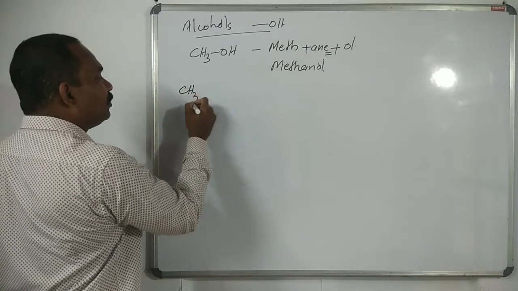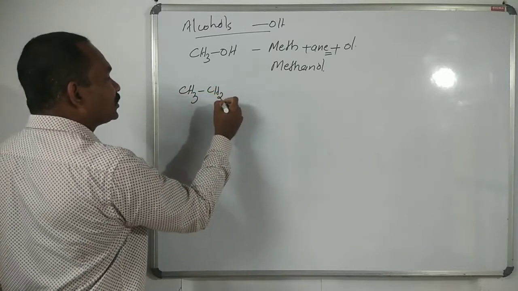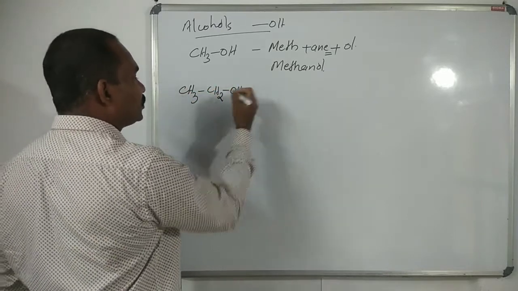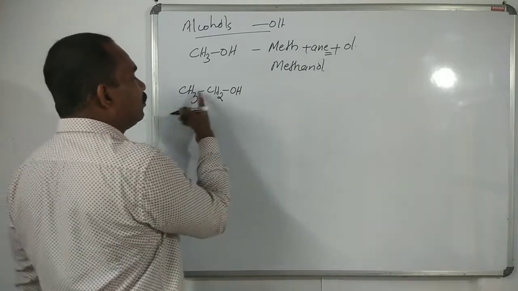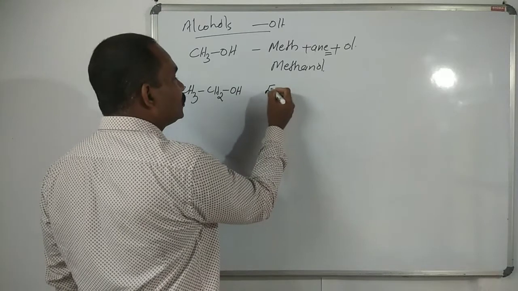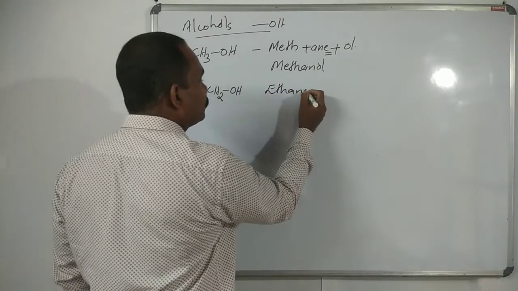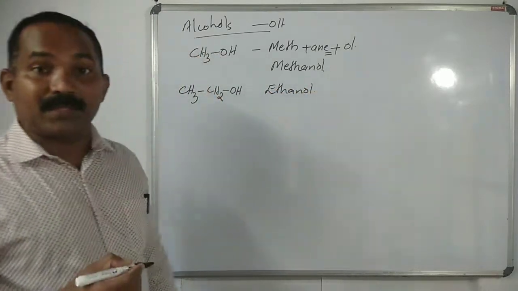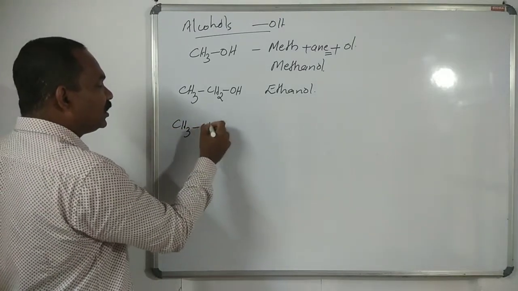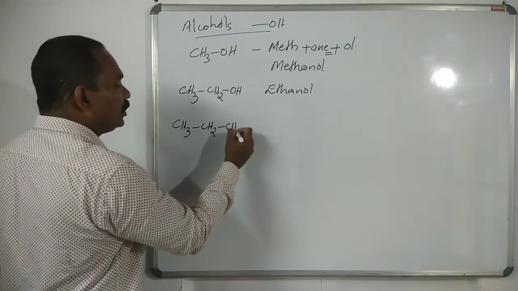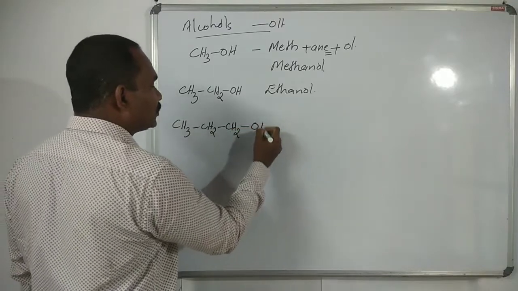Another alcohol is CH3CH2OH. Two carbon atoms and alcohol, single bond between the carbon atoms, so ethanol. Then another is CH3CH2CH2OH.